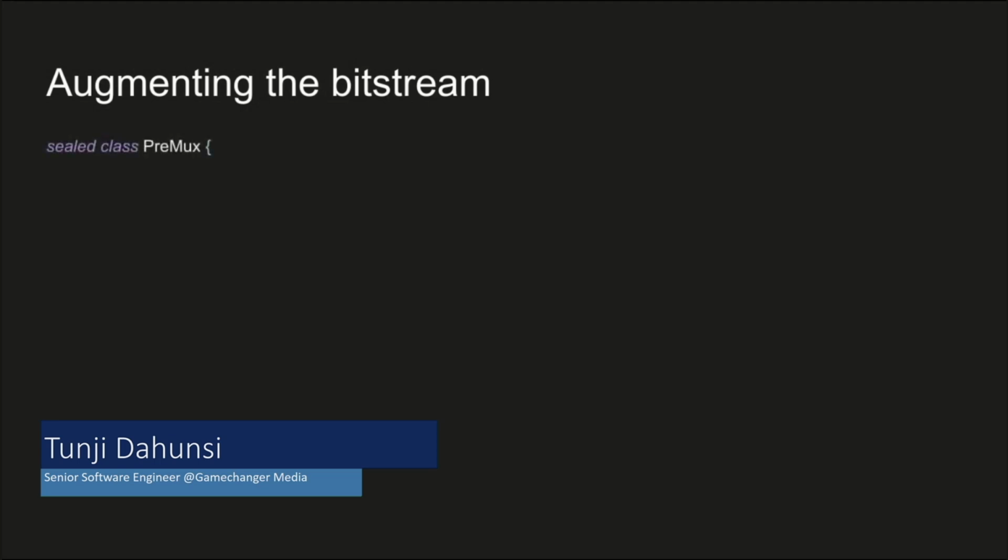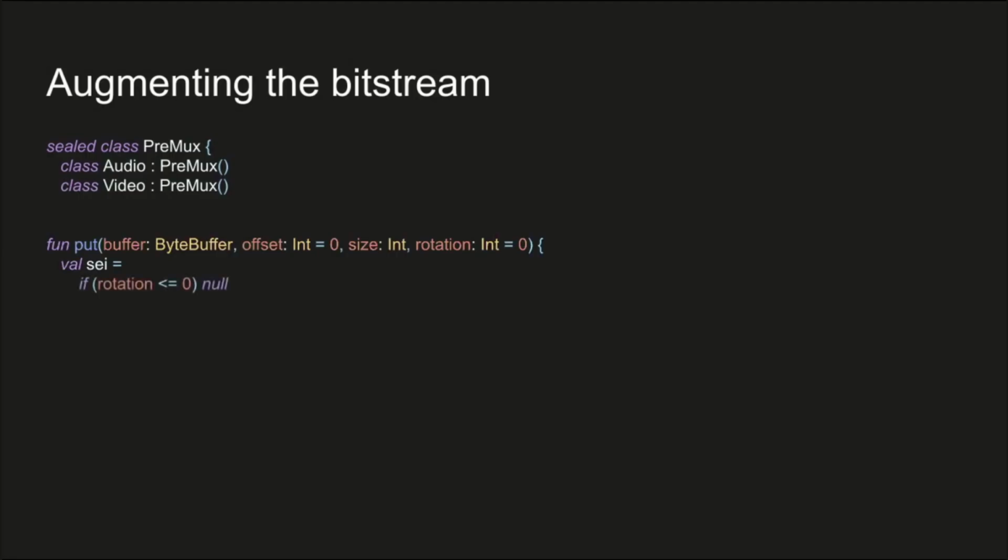You can come up with a class. I call this premux in my testing. So there's two different types. I have a byte buffer. Sorry, I'm speeding up a little bit, just trying to manage my time here. I have a byte buffer. You can ignore most of the code that's here, but the point I want to make is you can give it a rotation. If the rotation is there, I have an SEI extension to add display orientation.